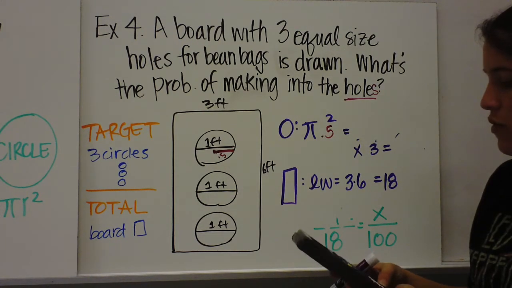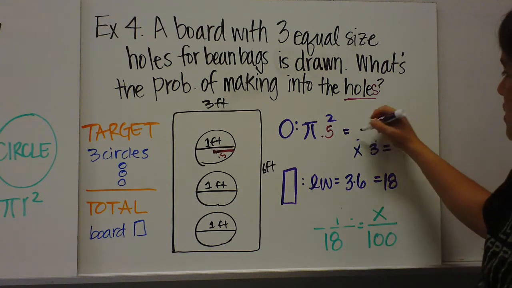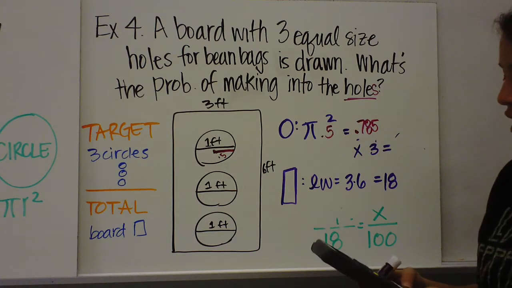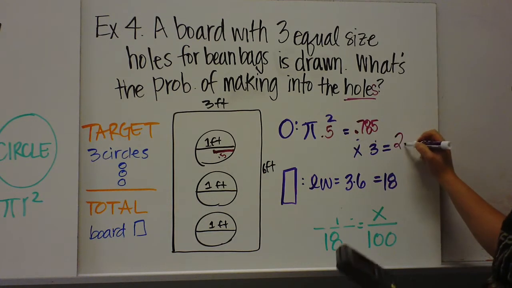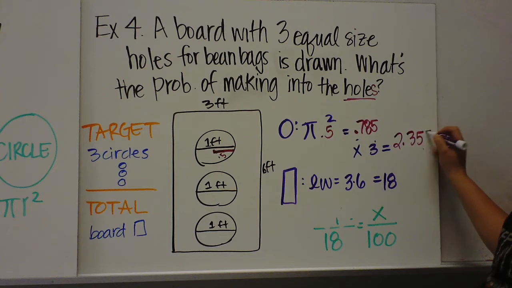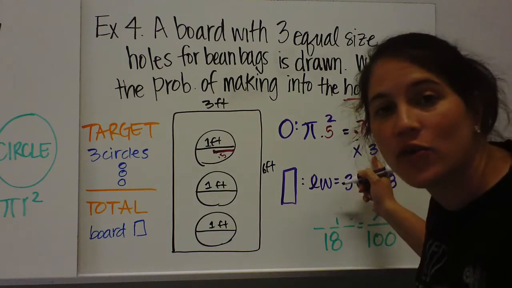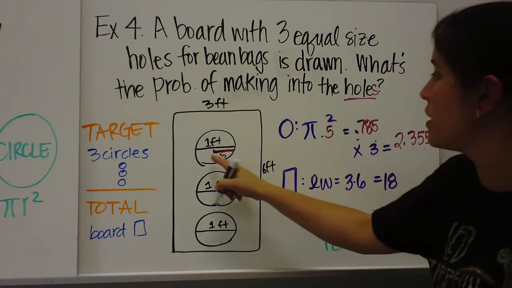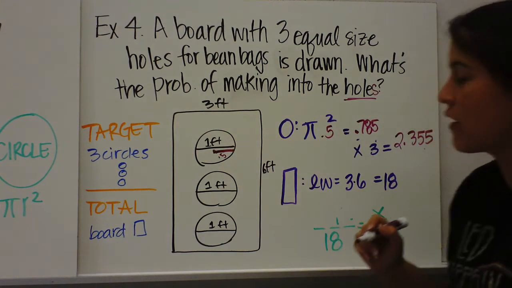So 3.14 times 0.5 squared, and it's 0.785. And you do that times 3, and we get 2.355. Again, I multiplied it by 3 because there are 3 circles. And I got the 0.5 because it's half of the diameter.